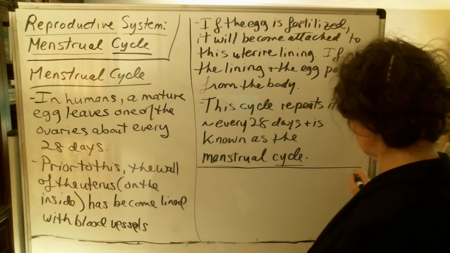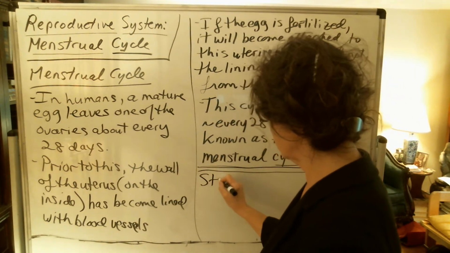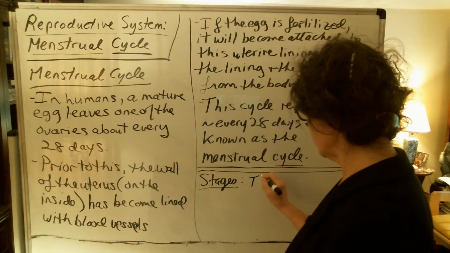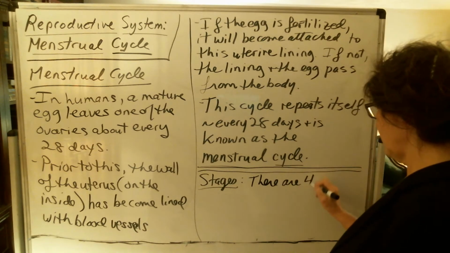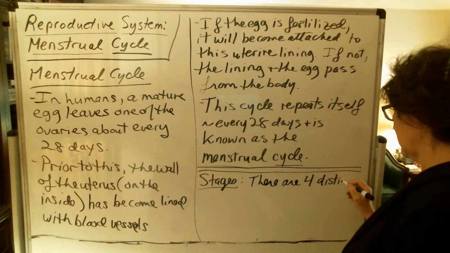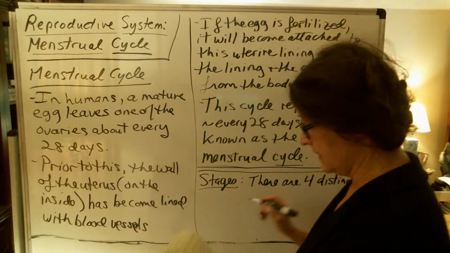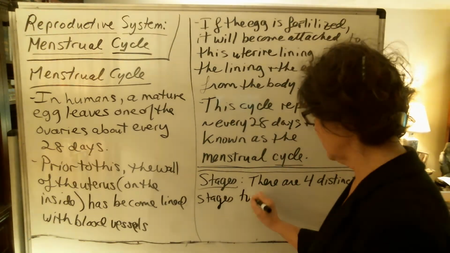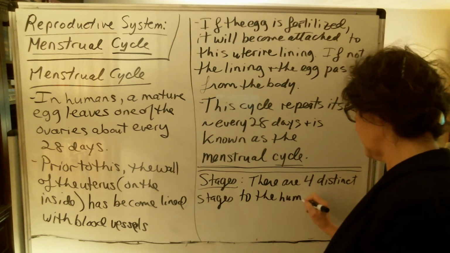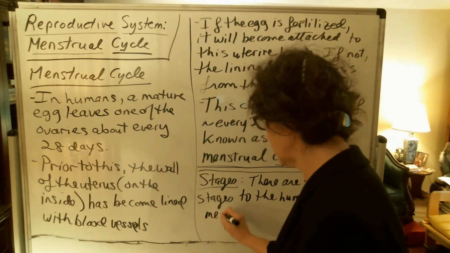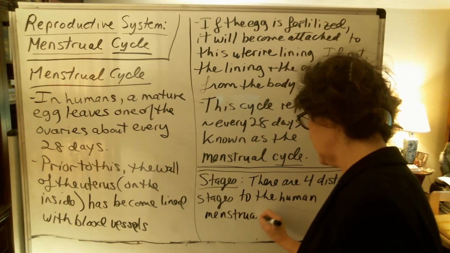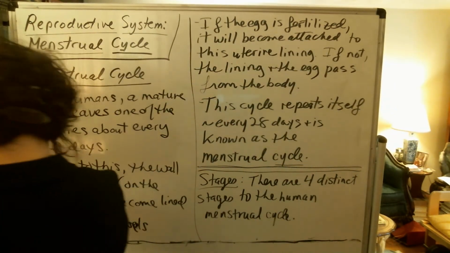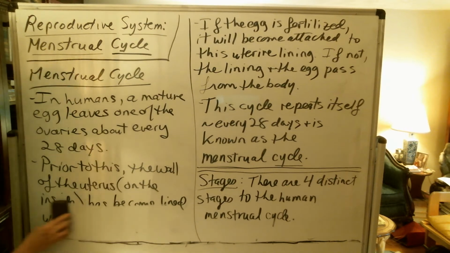And the menstrual cycle then has different stages. So there are 4 distinct or semi-distinct stages to the human menstrual cycle. So I'm going to go through the stages one at a time.